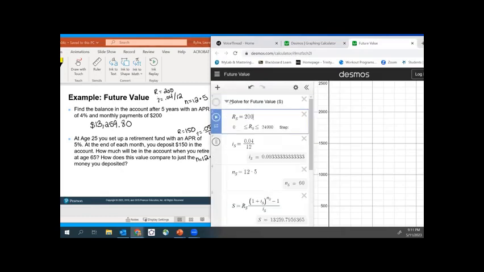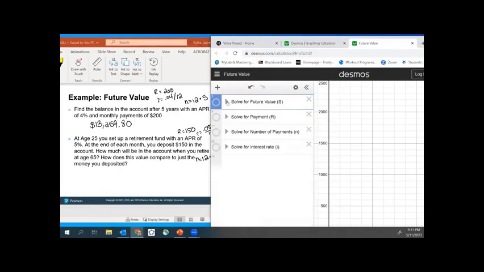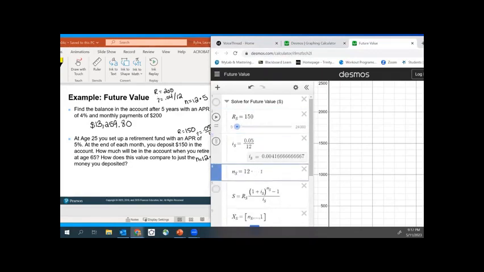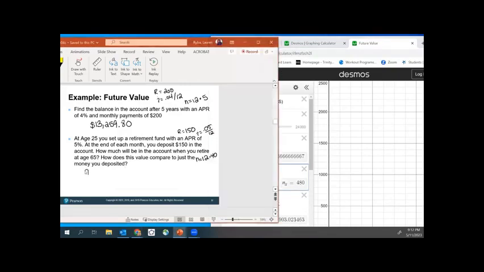Notice that there is more than one calculator, but we are just using solve for future value right now. 150, 0.05 over 12, and this is 12 times 40. So this one gives me $228,903.02 will be the money in my retirement account when I am age 65.